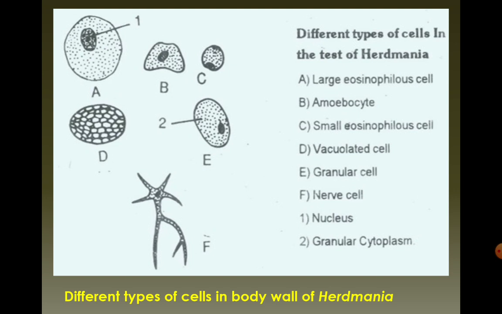And D is a vacuolated cell full of vacuoles, E is a granular cell, and F is a nerve cell. Now here the cytoplasm is shown with dots. It appears granular, so it's a granular cytoplasm, and the darkly stained one is the nucleus. So you should know the different types of cells that are present in the test.